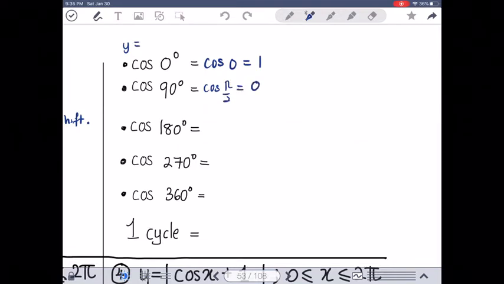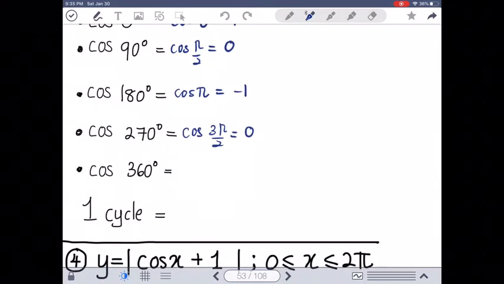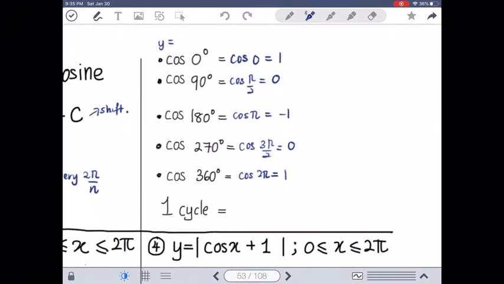Cos 180 degrees, which is cos pi radians, equals -1. Cos 270 degrees, which is cos 3 pi over 2, equals 0. And lastly, cos 360 degrees, which is cos 2 pi, equals 1.